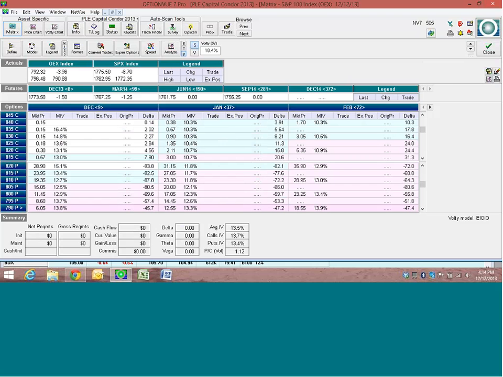If we were to do a call spread, let's see, 792. Let's take just a little debit call spread here. So if I were to buy 5 of these and sell 5 of these, okay?